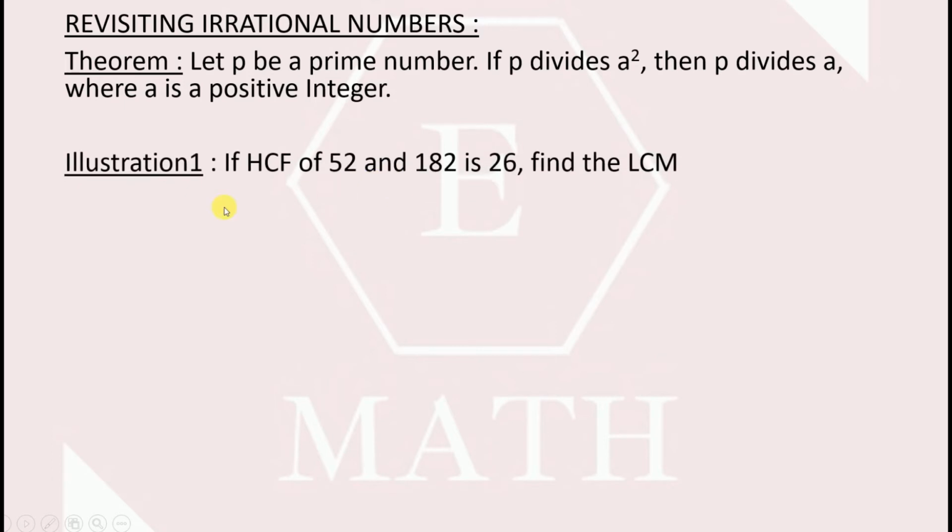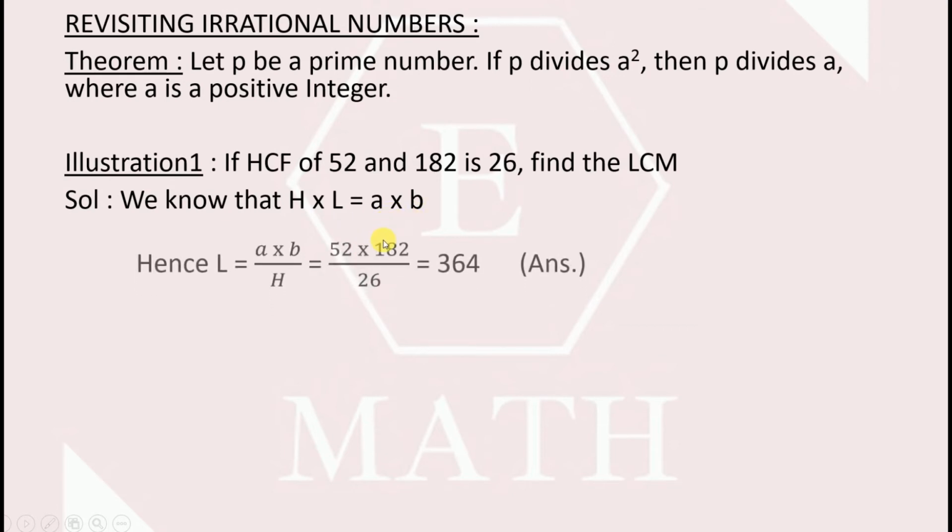Then let's look at the illustrations. Illustration 1 says: if the HCF of 52 and 182 is 26, find the LCM. We know there is a relationship between the two given numbers and their HCF and LCM, that is, the product of HCF and LCM is equal to the product of the given two numbers.